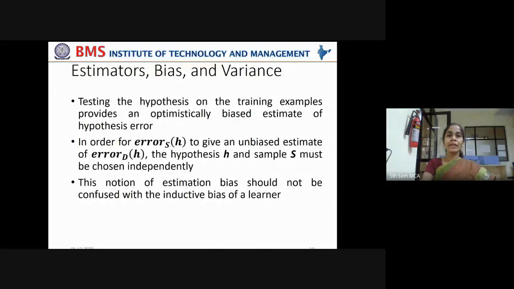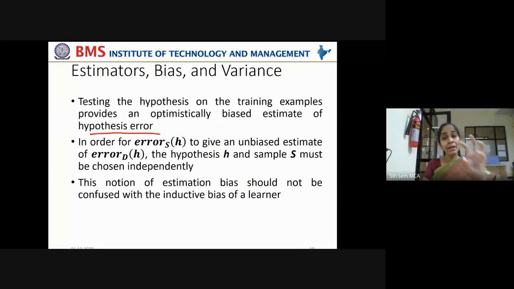Got it? Now, testing the hypothesis on the training examples provides an optimistically biased estimate of the hypothesis error. What do you understand by this? Optimistically biased estimate means whenever you are making your machine learning model ready with your training examples, because it knows the properties of the training examples and all the attribute combinations, it will provide an optimistically biased estimate.